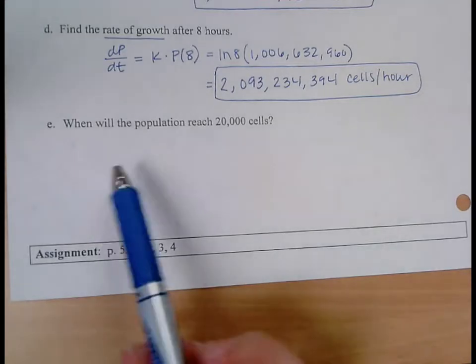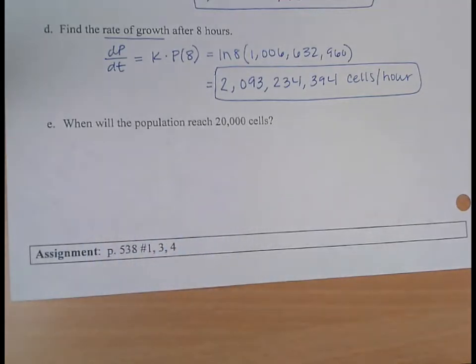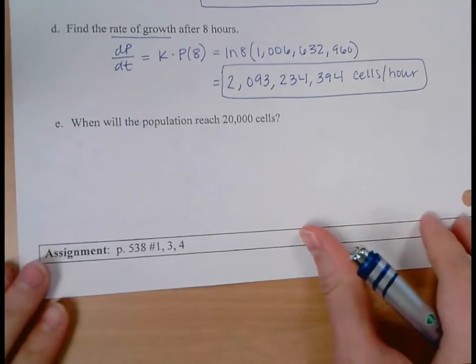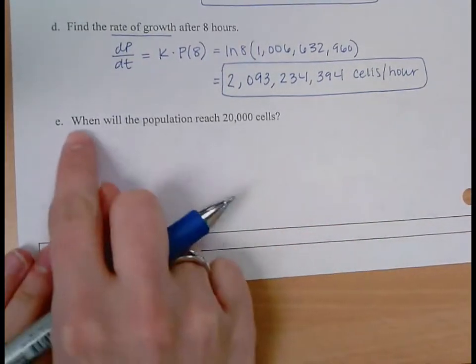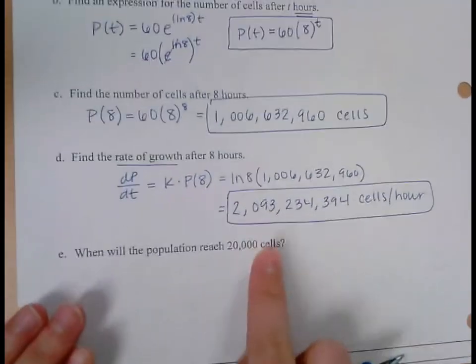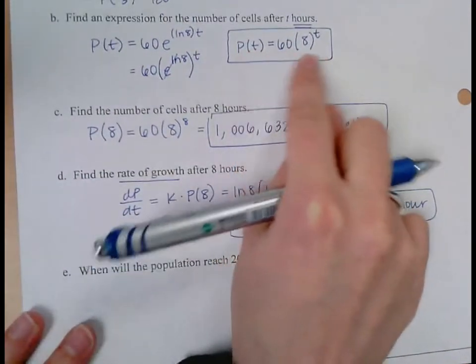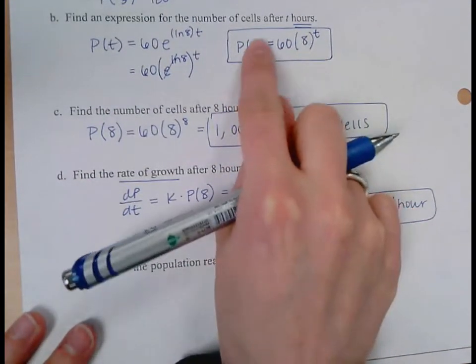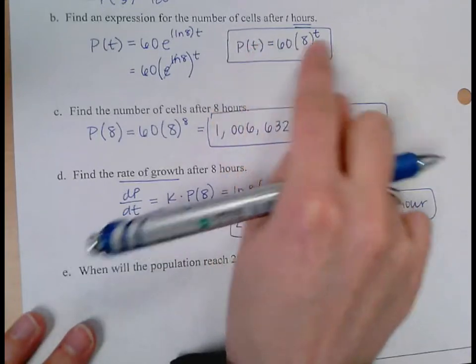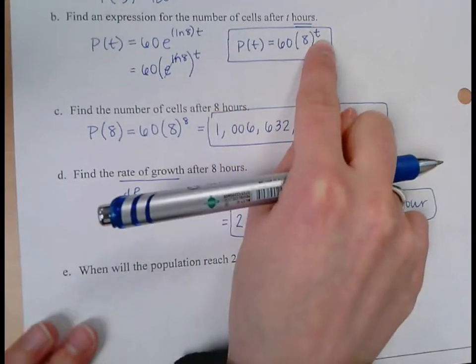Okay, and then it says when will the population reach 20,000 cells? So if we go back to this function here, the population is 20,000. We're trying to find t.